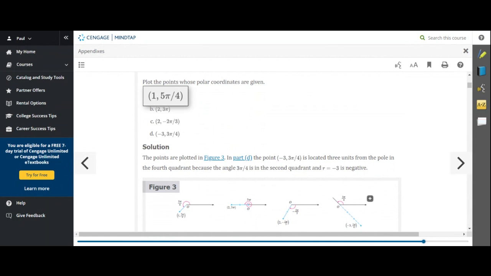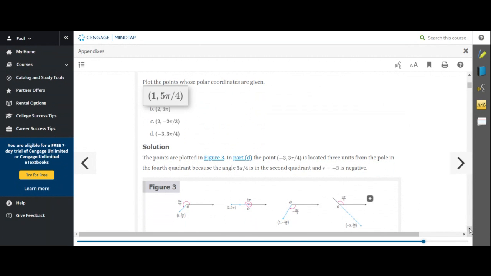Well, what's pi over 4 in terms of degrees? Who can tell me what pi over 4 is in terms of degrees? 45 degrees. That's right, Cologne. So 5 pi over 4 would be 5 times 45 degrees, or 225 degrees.